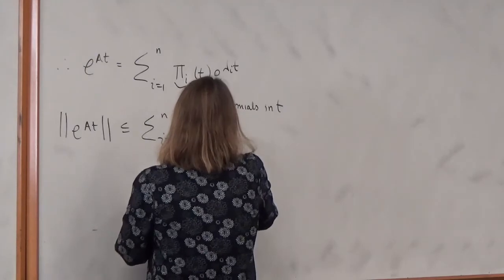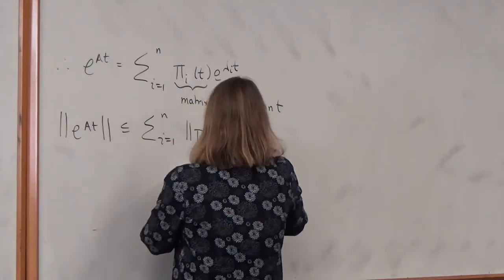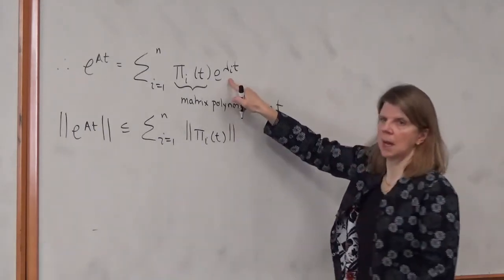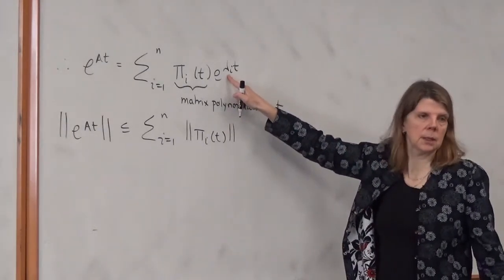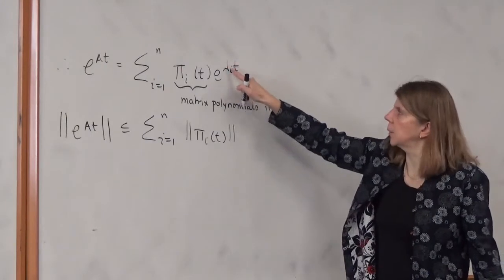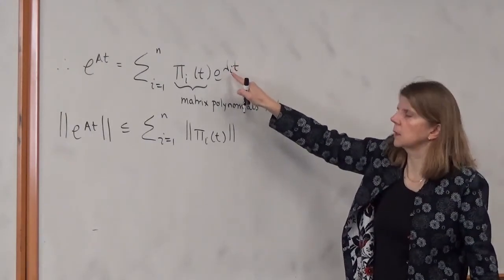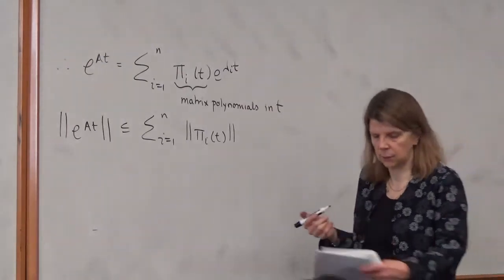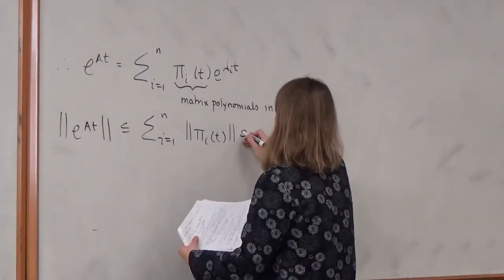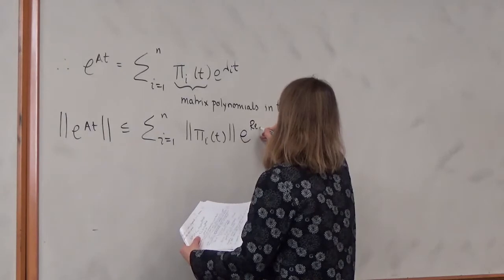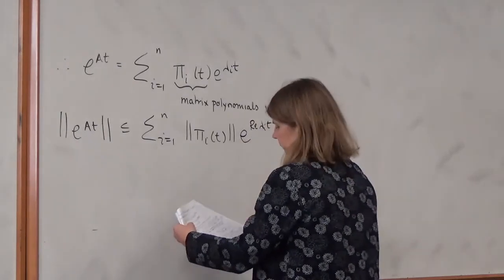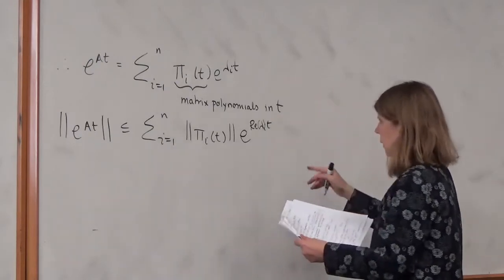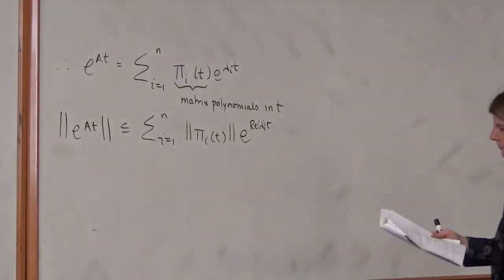So that's P_i(t), and now I'm taking the norm of this, so lambda_i may be complex, but the imaginary component in the exponent doesn't add any, it has norm 1 if we compute that norm. So we just get e to the real part of lambda_i times t.